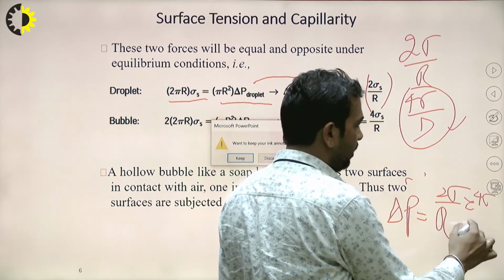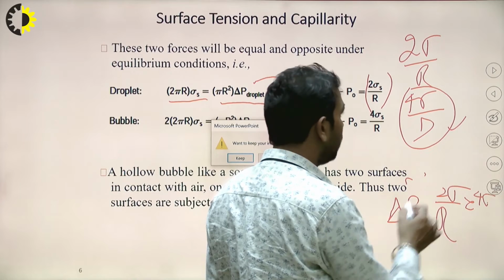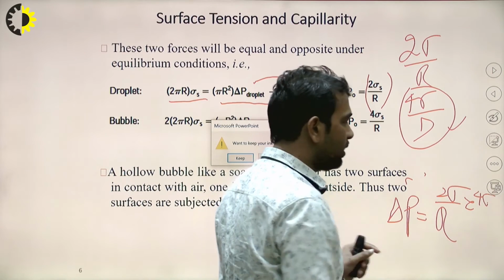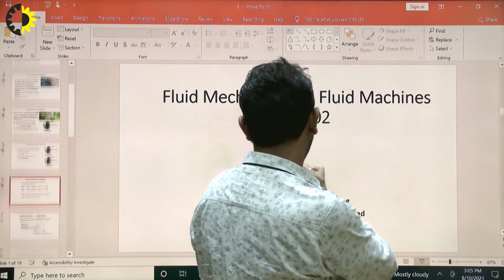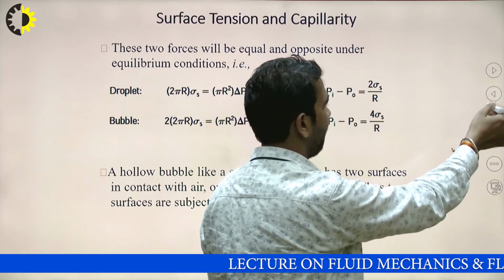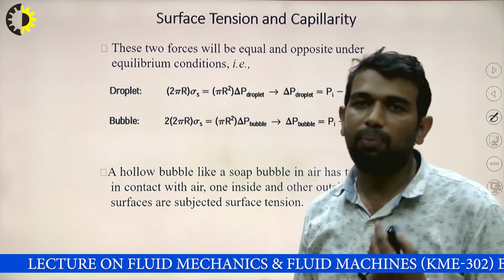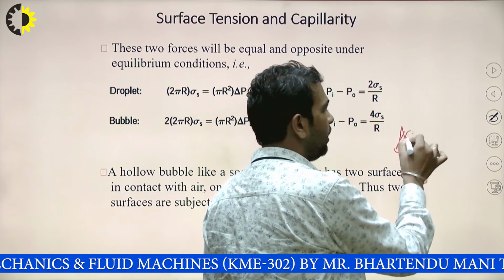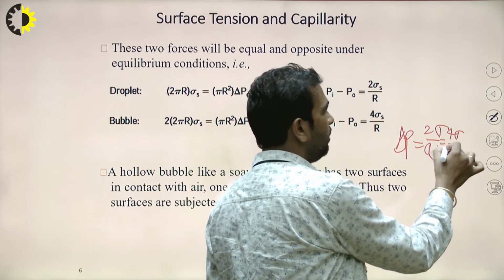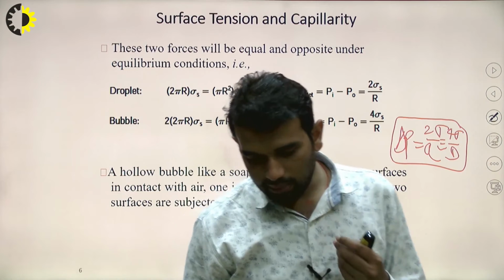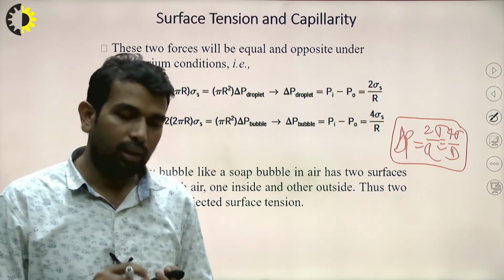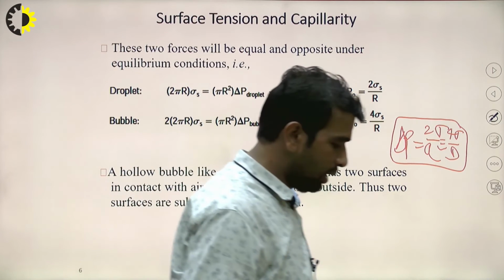This extra pressure must be built up inside the droplet, and you can use either of them to find the extra pressure developed inside the droplet so that this droplet can survive. That is 4 sigma by d.